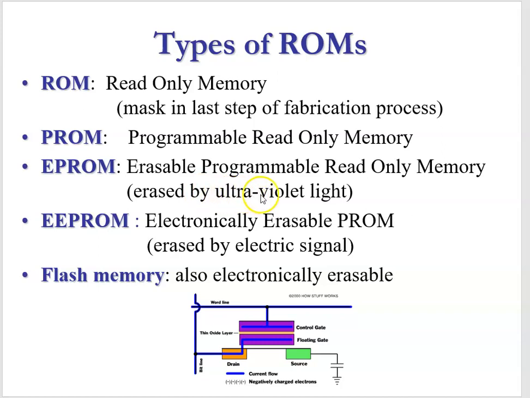It would erase all the disconnects. An electronically erasable PROM is erased by an electronic signal. That's what your old flash drives used to use. Now what we have for flash is a new type of flash memory, and they're also electronically erasable. There are different types of flash memory that are faster and used for different applications.